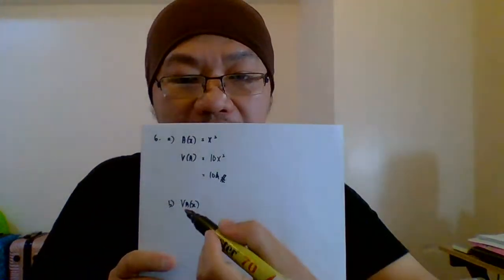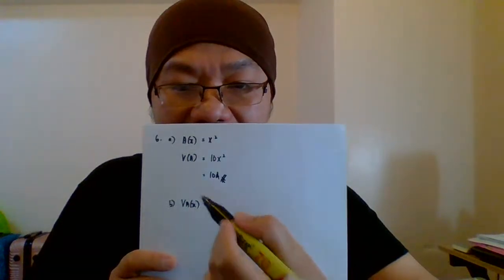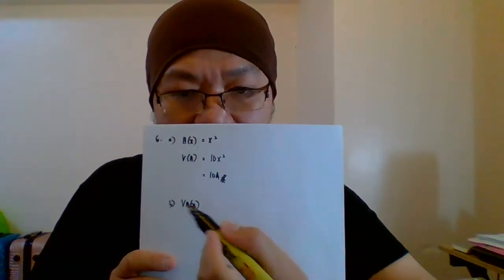It says composite of these two functions, that means between V and A. So it must be VA(x). The composite VA(x), A(x) at the back, V in front. So A(x) is given by x squared, right?